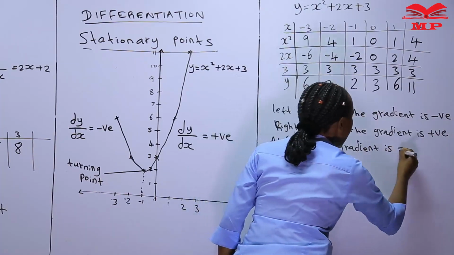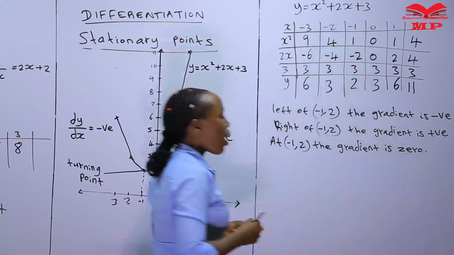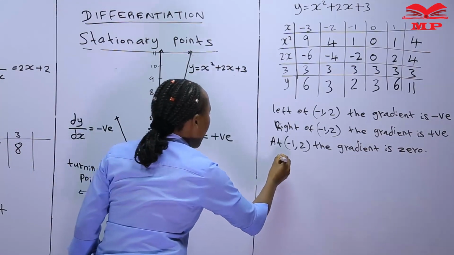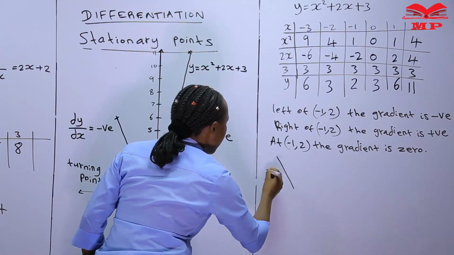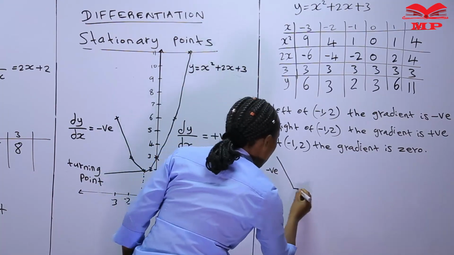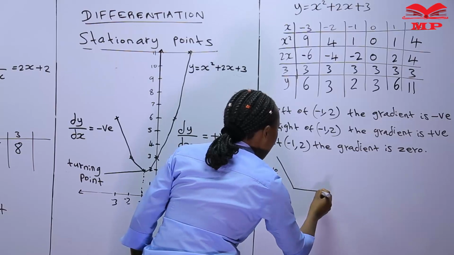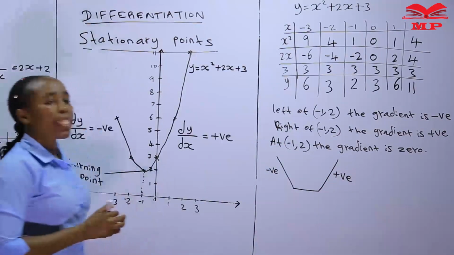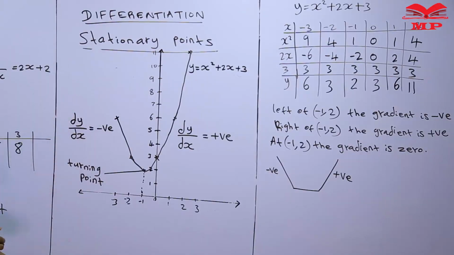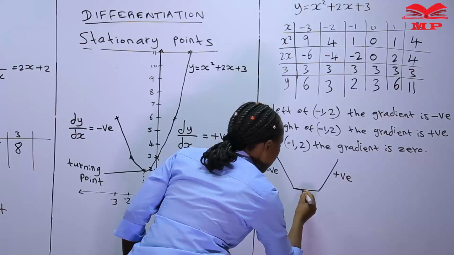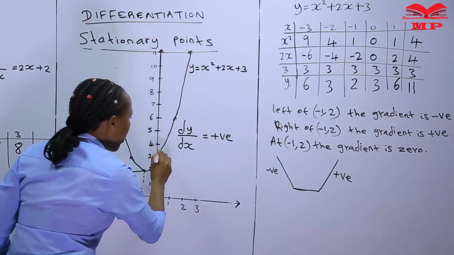the gradient is 0. Now in this case, we have negative, then the gradient 0, and on the other part positive. Therefore, we say the nature of the stationary point is a minimum. This is the turning point here.